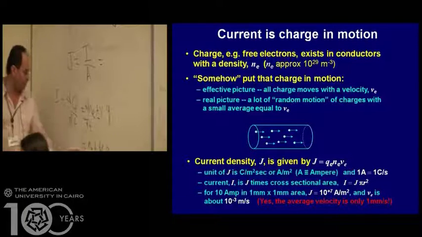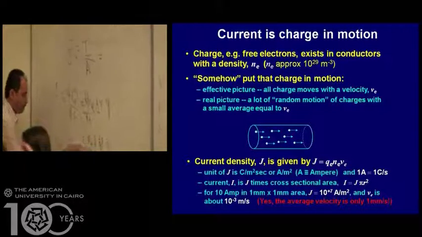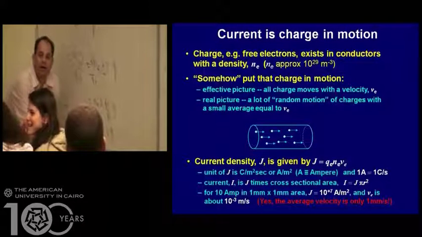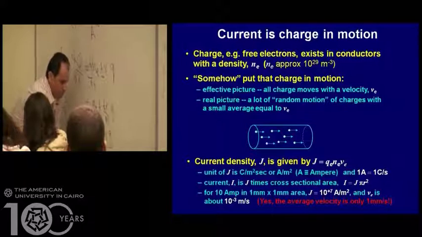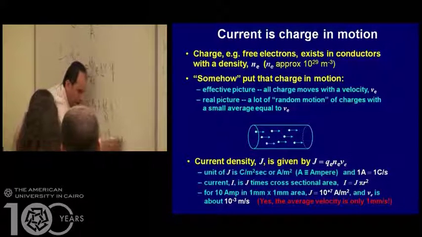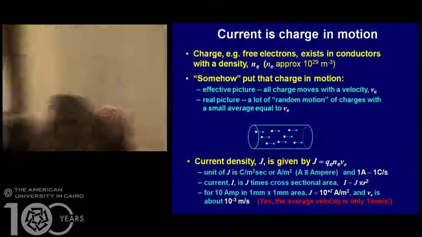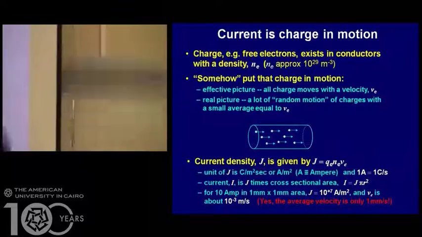So now this is the current. What's J? J is I over A, which equals n Q v. Okay guys, this is the end of that lecture. This is not in the slides and I will not explain it again.